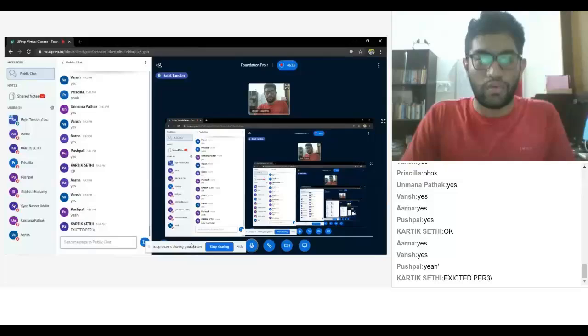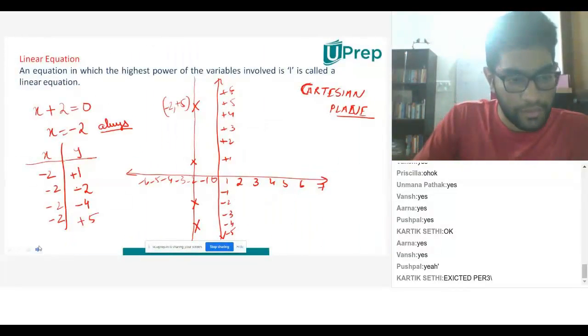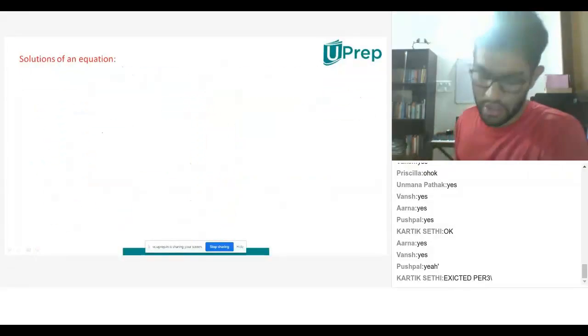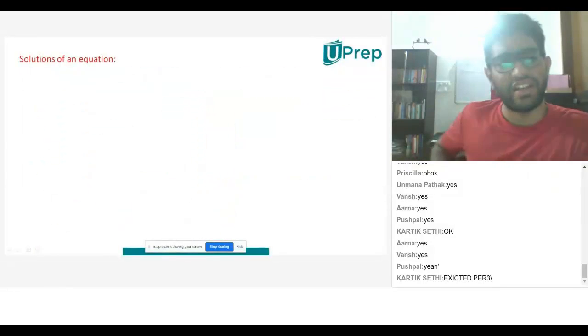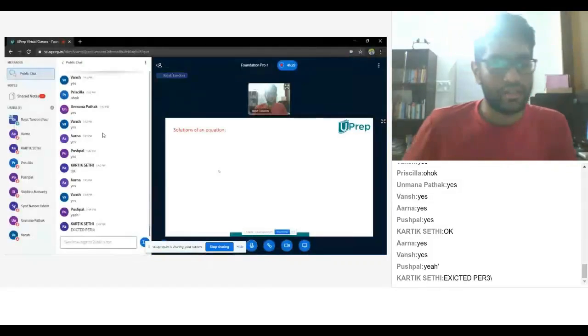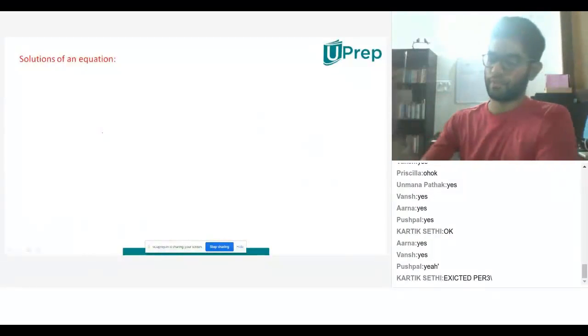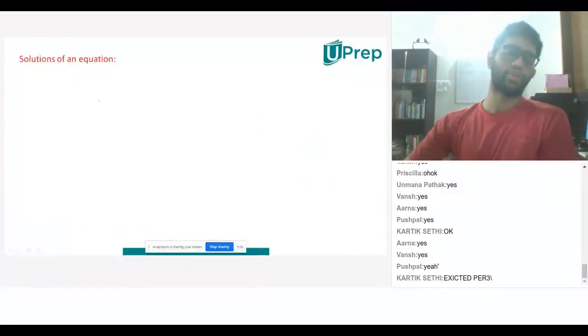Chalo. Now, let me explain it over here. This slide says solutions of an equation. There is something I want to explain again. What did I tell you?